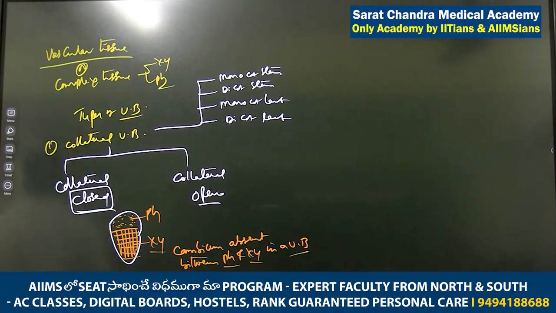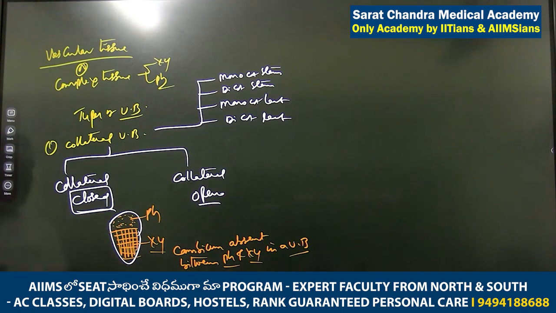So, an example of a plant part that shows collateral closed vascular bundles? Yourself. What I said. Dicot stem. Monocot. Monocot stem. Sit down.